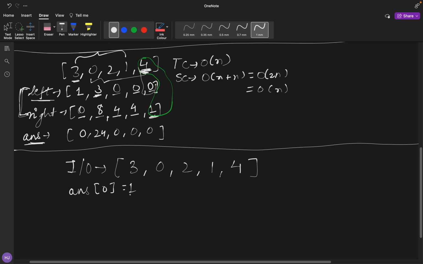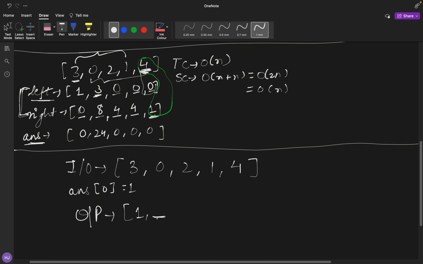So I will assume that my first element, answer of 0, is 1. Okay, now as you've already seen, in my left array I had basically taken my first value to be 1, and that's what I have also done here, and I will simply store the previous product in the next place.